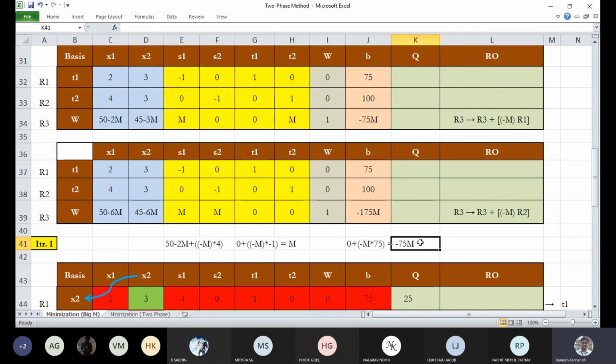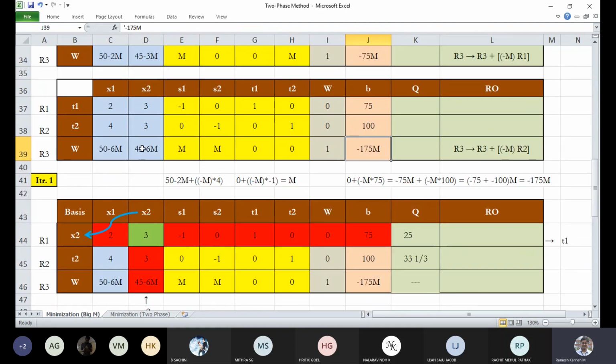So that will become minus 75 plus minus m times what is there in row 2, which is 100. So minus 75 plus minus 100; if I take m outside, that will become minus 175m, right? So that's how we got this 175m. So we have removed m in the artificial variable.